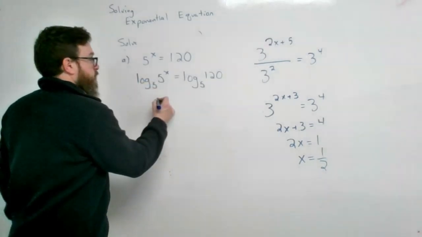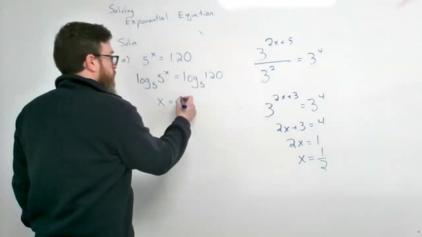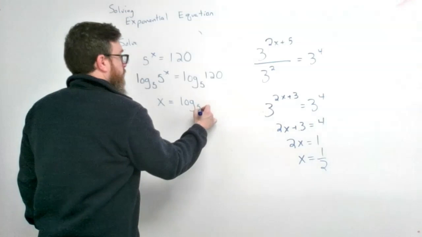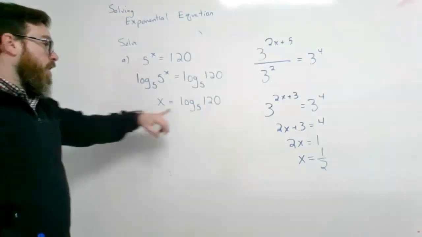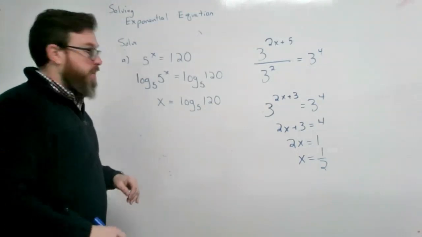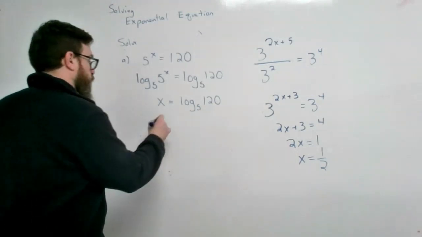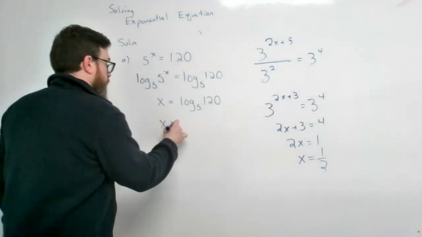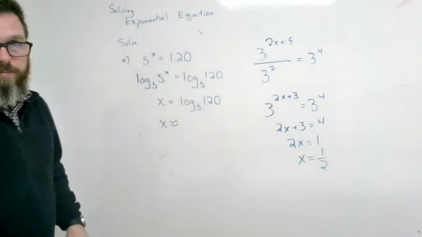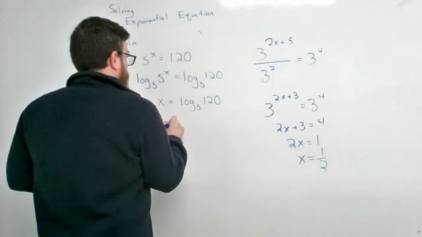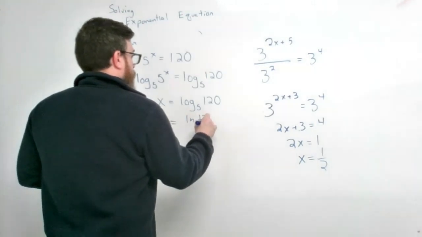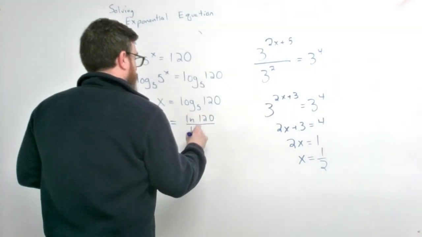So what we'll get back is just x is going to be equal to the log base 5 of 120. Now, this is an exact answer, log base 5 of 120, but you can plug this into your calculator if you want its decimal approximation. So the way it's done is this is going to be equal to the natural log of 120 divided by the natural log of 5.